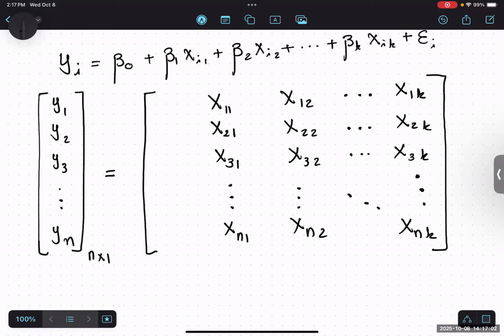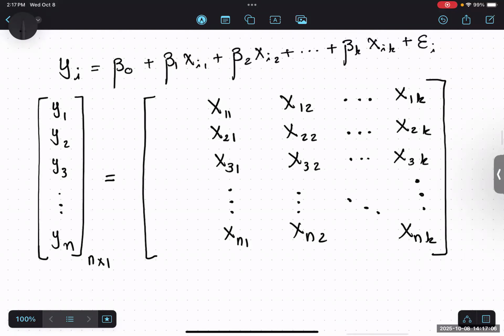Now note that we also have a constant or an intercept in this multivariate linear regression model, my beta naught. If you have a constant, you must include in this matrix a vector of ones. If you don't have the constant, don't include the vector of ones. Okay, is that simple?